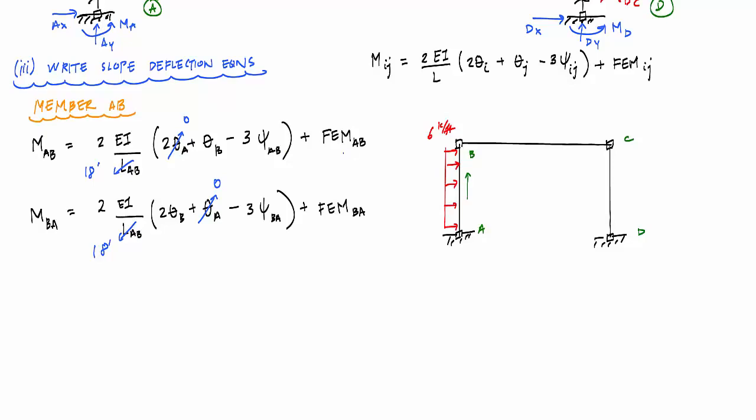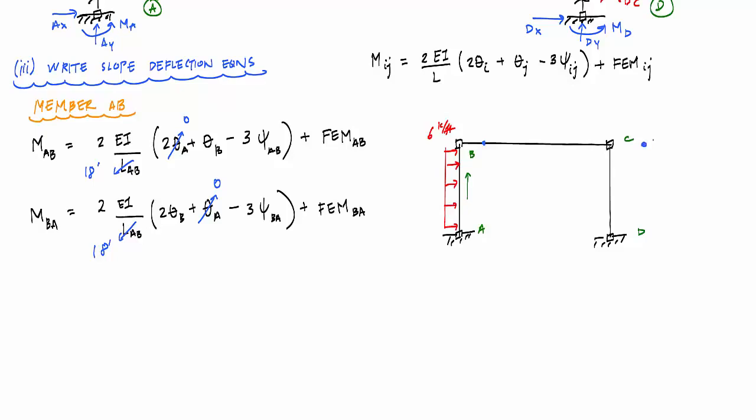Now, we'll start with the chord rotations, but the chord rotation is associated, in this case, with the sidesway. Because we have an unbraced frame, we want to know what rotation my member AB is going to experience. Now we may not know the displaced shape of this frame, but we know that point B will move to the right. And because we're neglecting axial deformations, point C will move the same distance to the right.